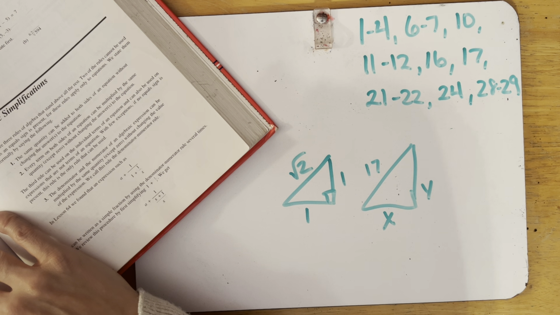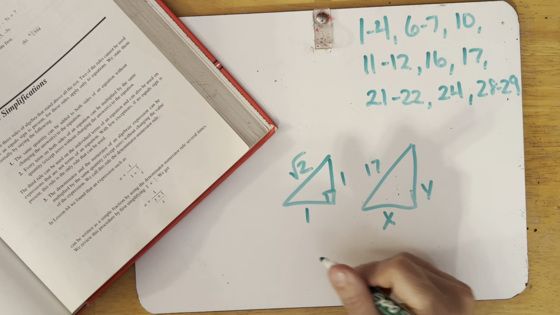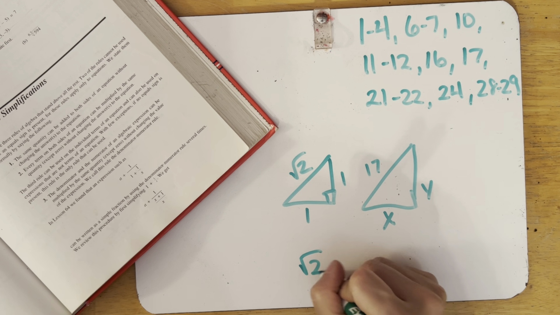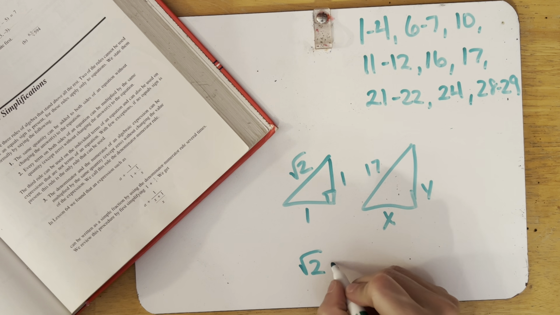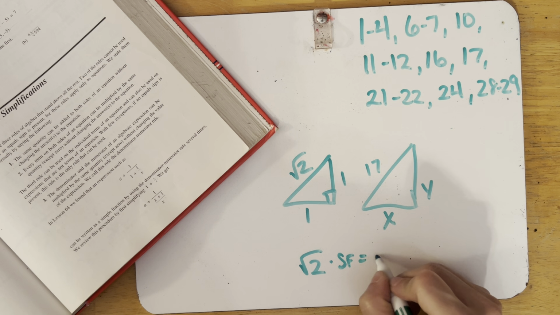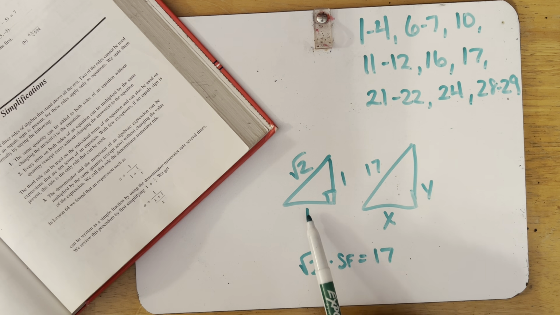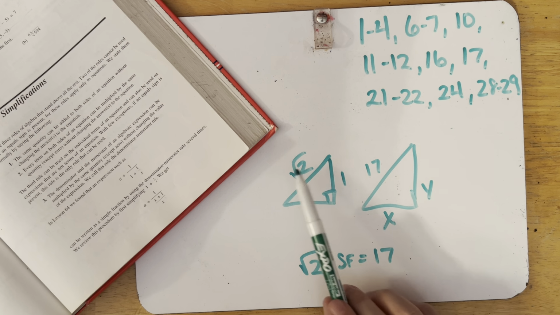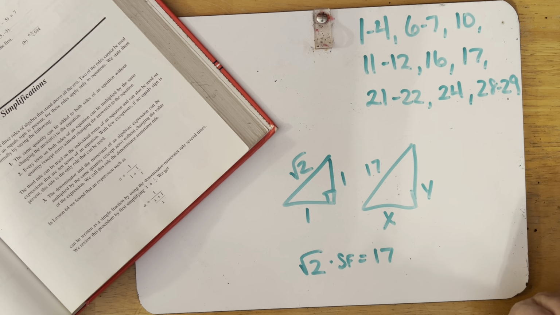I a lot of times say that wrong for some reason. This times what times your scale factor gives you 17. So what do I need to multiply this by to get this? Well, I have to use this and this because those are my only knowns.